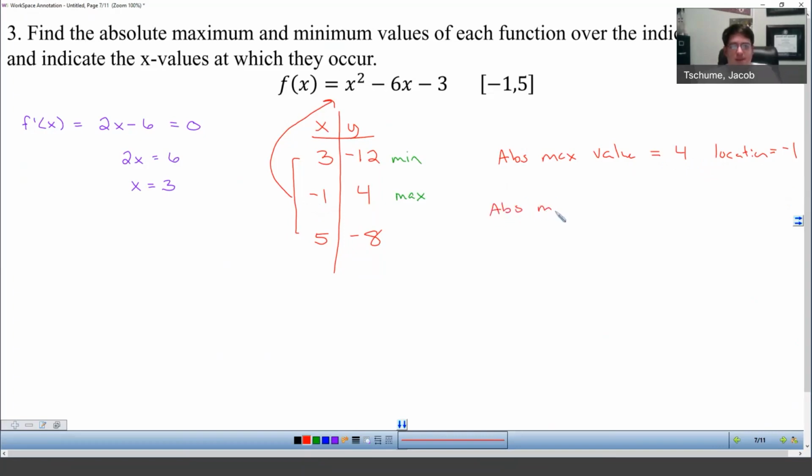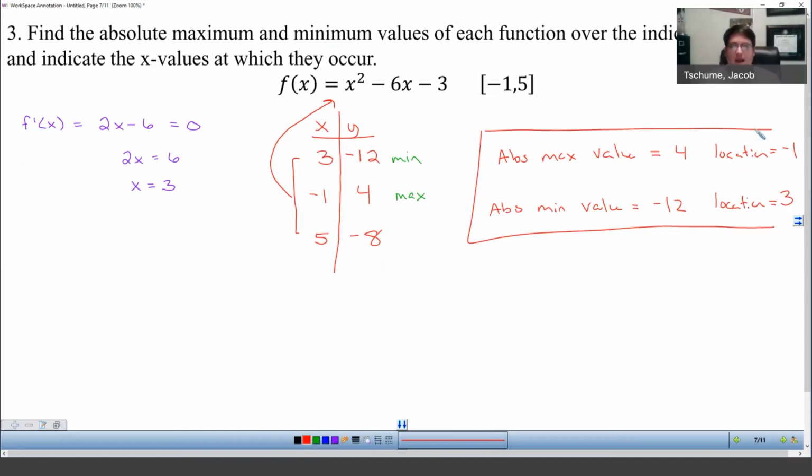If I do the absolute minimum value, the lowest number I found was -12, and it occurred at a location of 3, because that's the x value. Those are the answers for this problem. You have an absolute maximum and an absolute minimum.